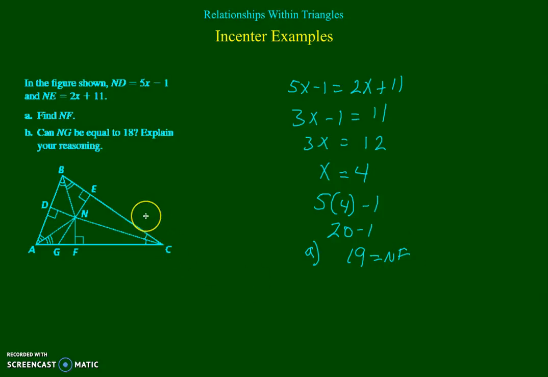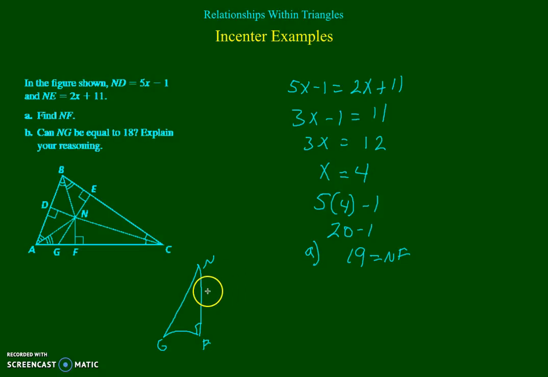Now part B says, can NG be equal to 18? Explain your reasoning. To work this one out, I'm going to redraw triangle NFG here. Just going to make a really rough example. So this is F, this is G, and this is N. Now they're saying, can this be 18?